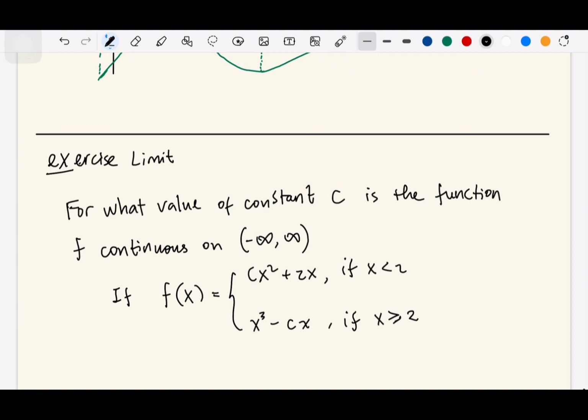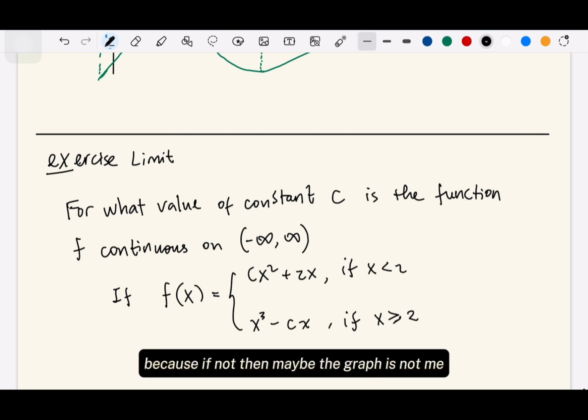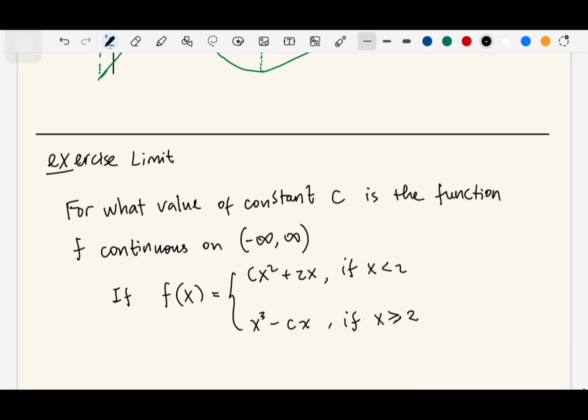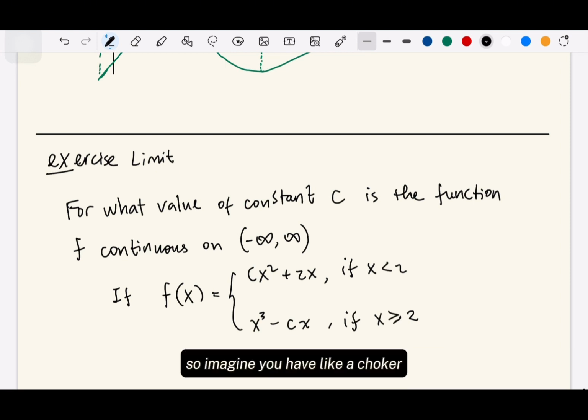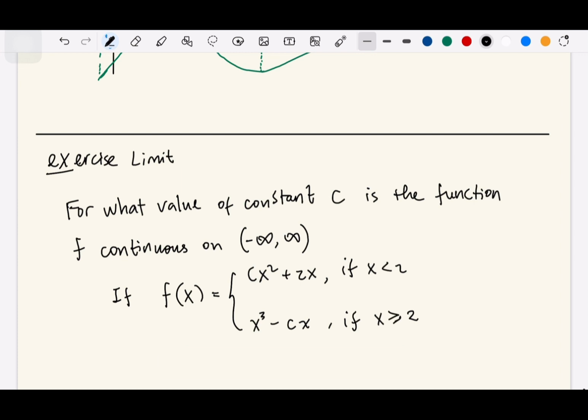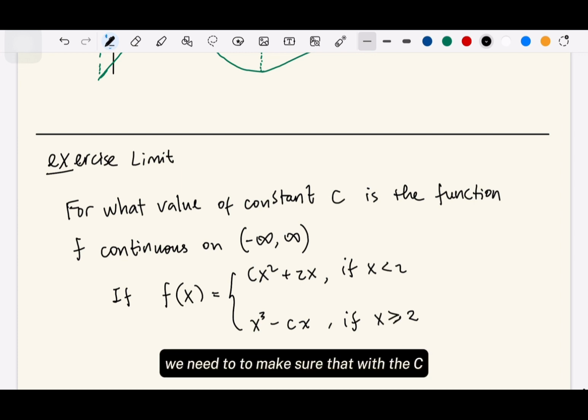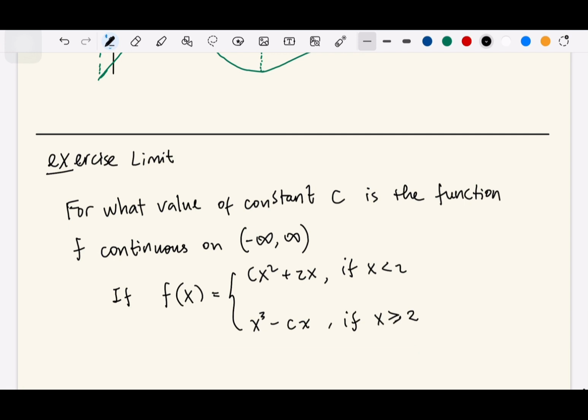Do we need to prove it? Yes, to prove it using continuity. Because if not, then maybe the graph will not meet. Imagine you have two curves. We need to make sure that with this C, the curves match and are continuous.